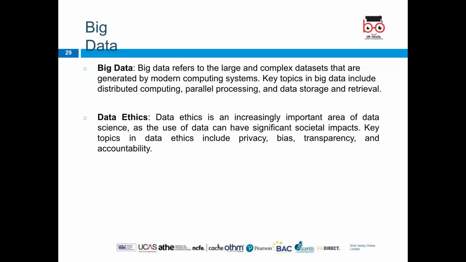Data ethics. Data ethics is an increasingly important area of data science, as the use of data can have significant societal impacts. Key topics in data ethics include privacy, bias, transparency, and accountability. I know some of us know ChatGPT.